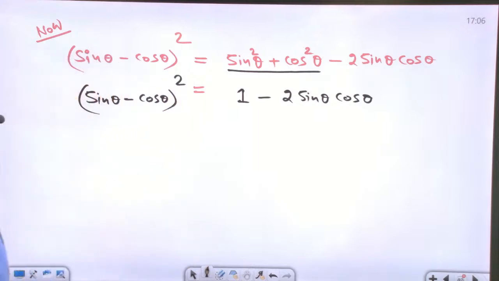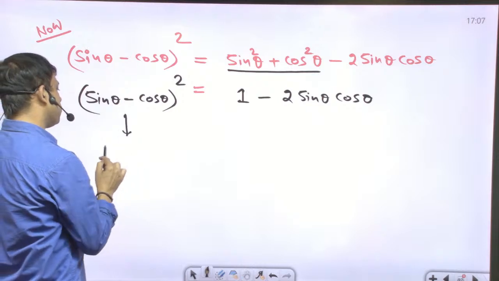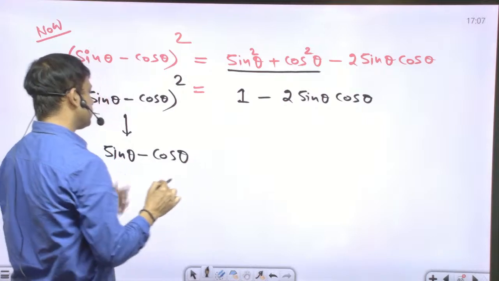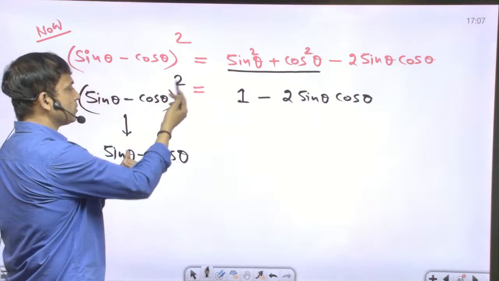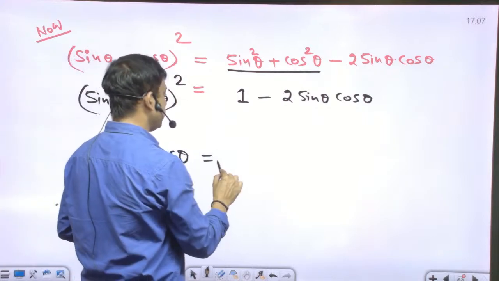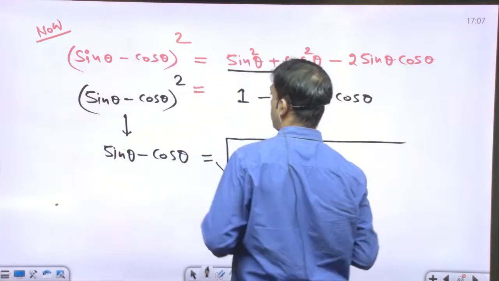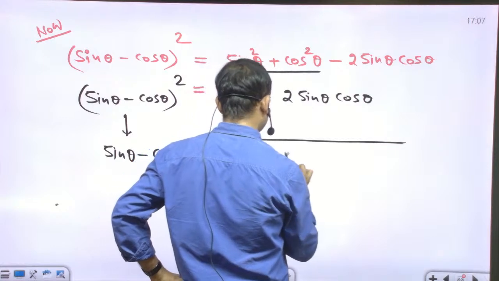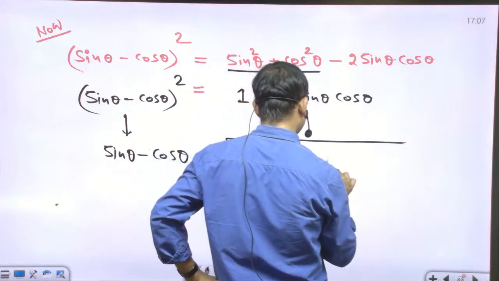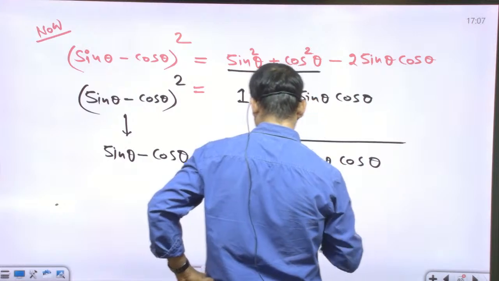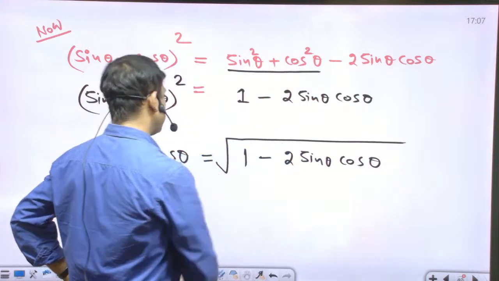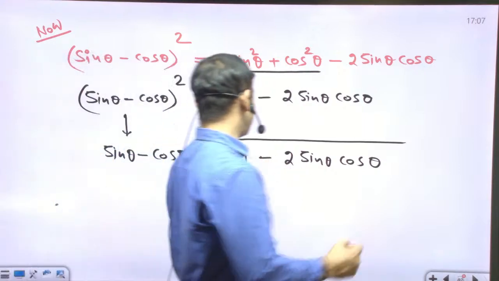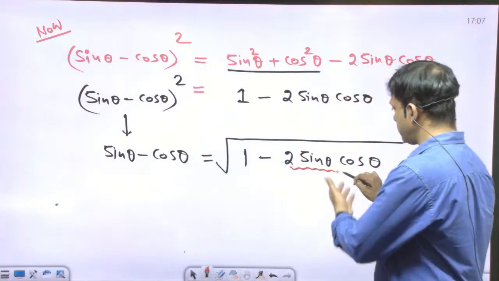Done. But we have to find only sin theta minus cos theta, not the square value, so without the square this will be equal to under root of 1 minus 2 sin theta cos theta.